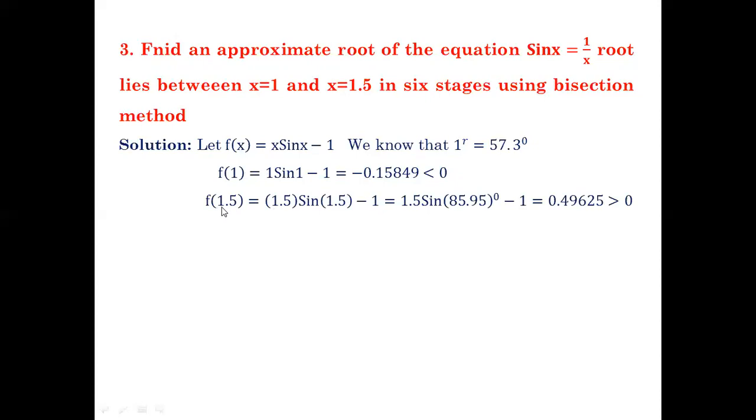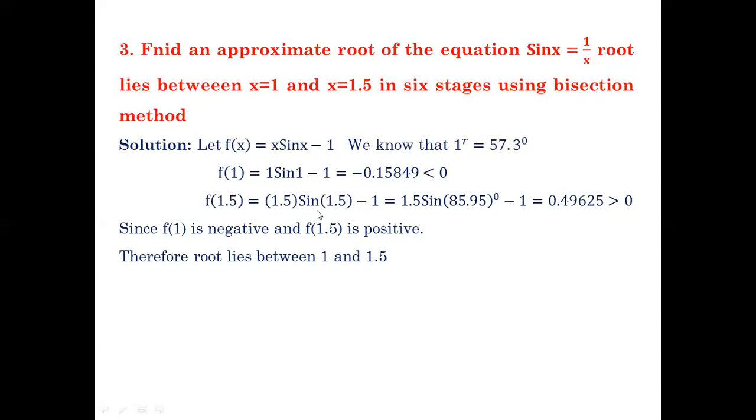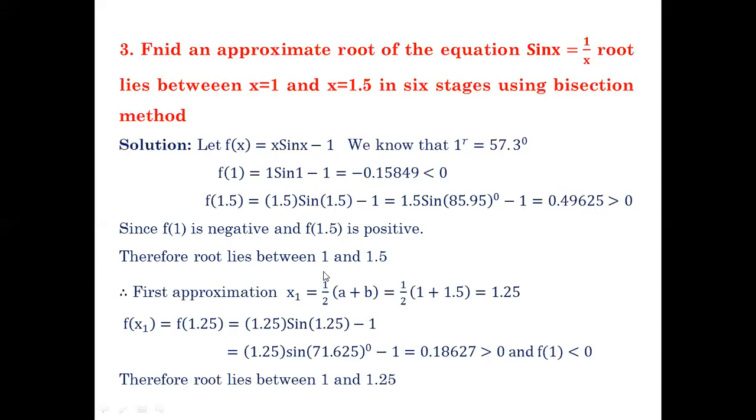Then find f of 1.5, that is x sin x, meaning 1.5 into sin of 1.5 minus 1, which is 1.5 into sin of 85.95 degree minus 1, which is equal to 0.49625, which is positive, greater than 0. Therefore, f of 1 is negative and f of 1.5 is positive. Therefore, the root lies between 1 and 1.5.